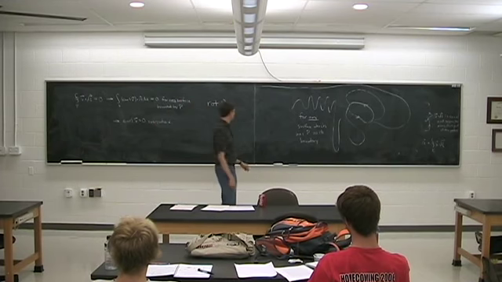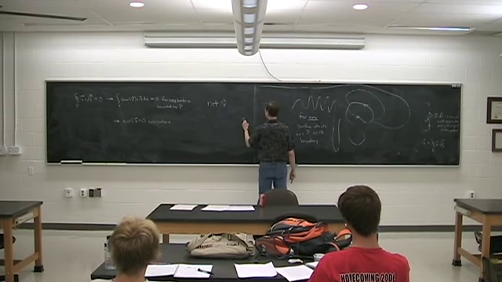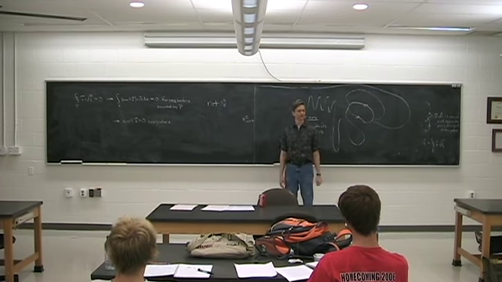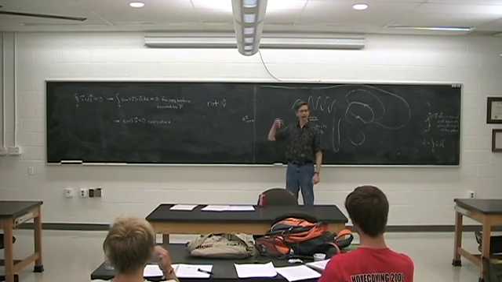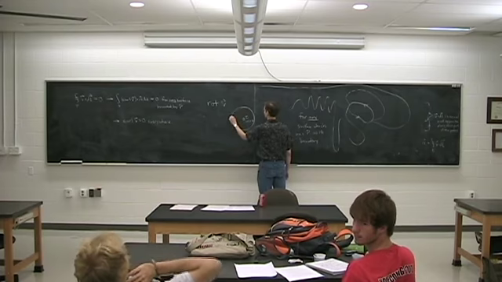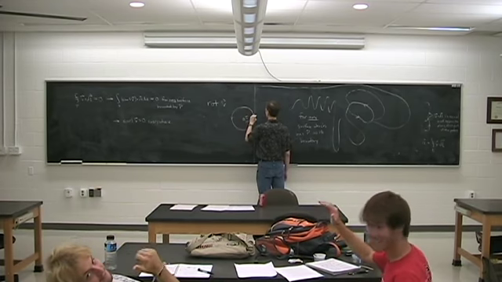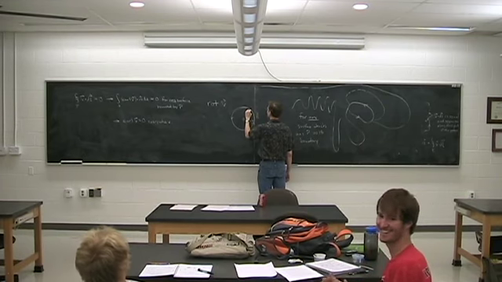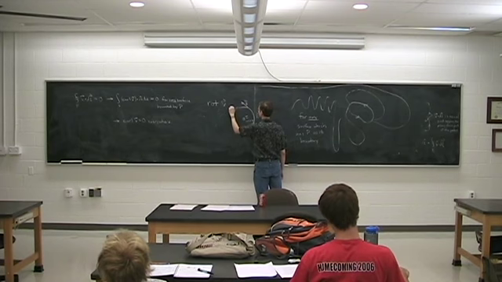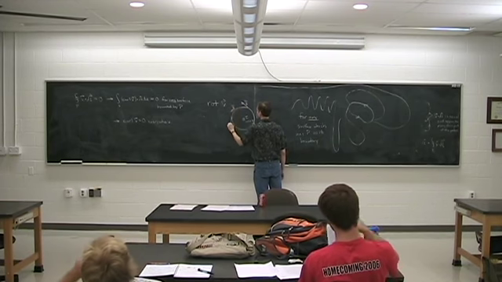If I've got a wire which has some current flowing out of it, what's the magnetic field look like? Circles around it, right? B circles around it.